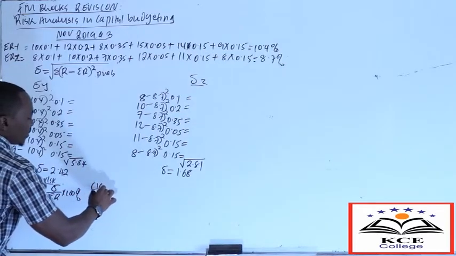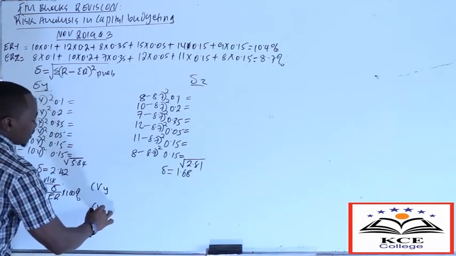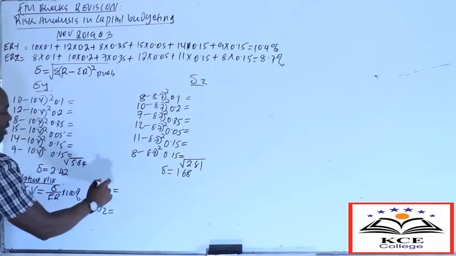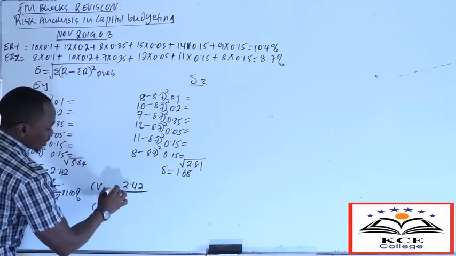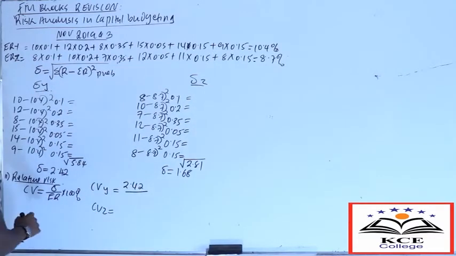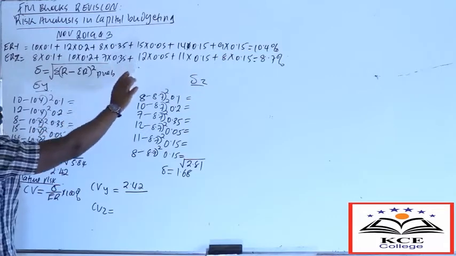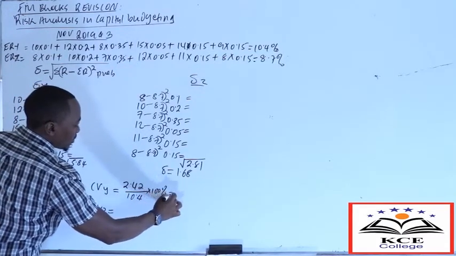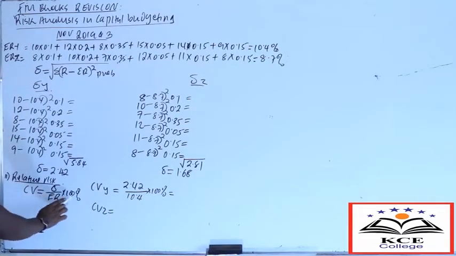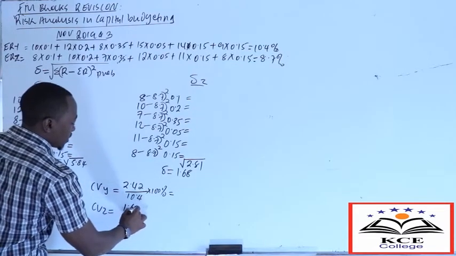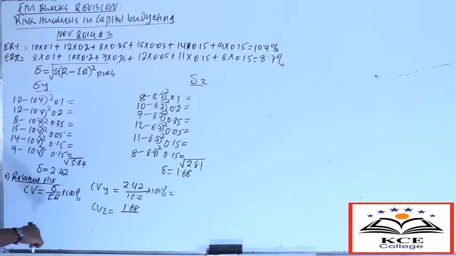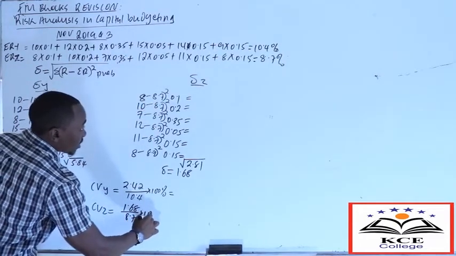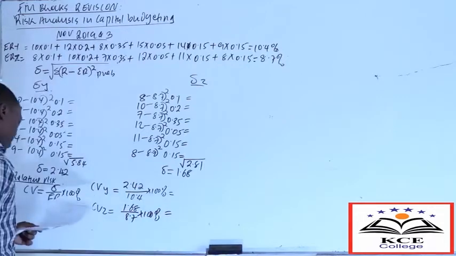So you compute CV for Y and CV for Z. For Y, the standard deviation is 2.42, divided by the expected return of 10.4, multiplied by 100%. For Z, the standard deviation is 1.68, divided by the expected return of 8.7, multiplied by 100%.